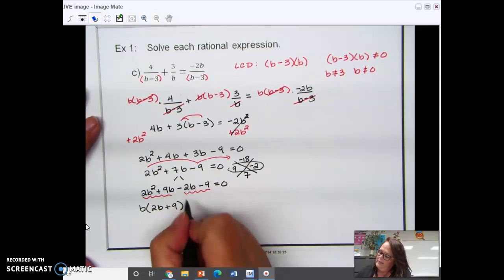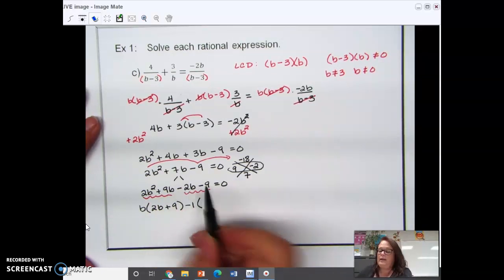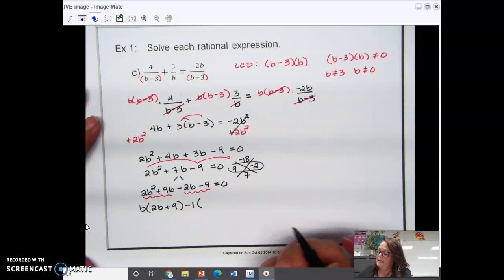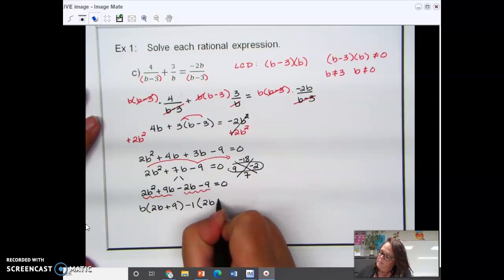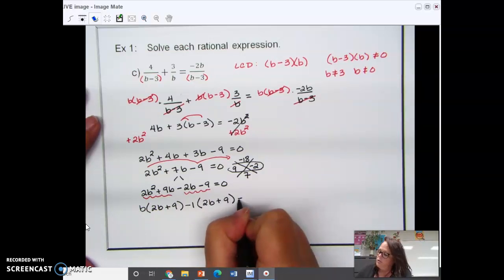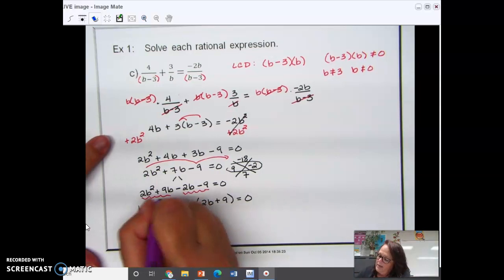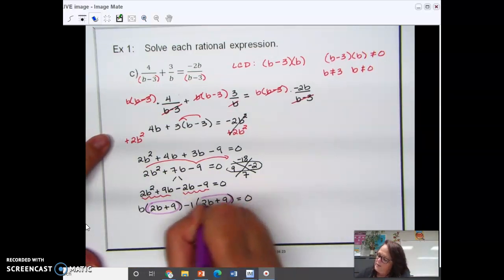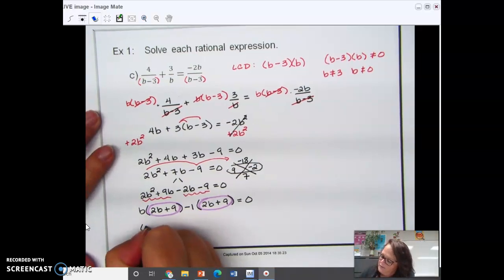And then over here, all I can factor out is a negative 1, because there is no common factor between 2 and 9 except for 1, or 2b and 9 except for negative 1. So all that does is change everybody's sign. So we end up with 2b plus 9. And I know I did it right because my parentheses are the same. So now that I have common factors with those parentheses, I'm going to factor out that common factor.